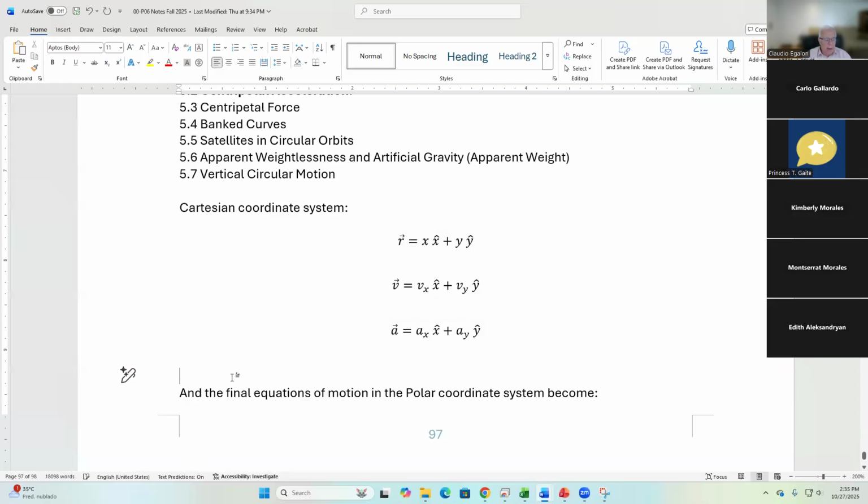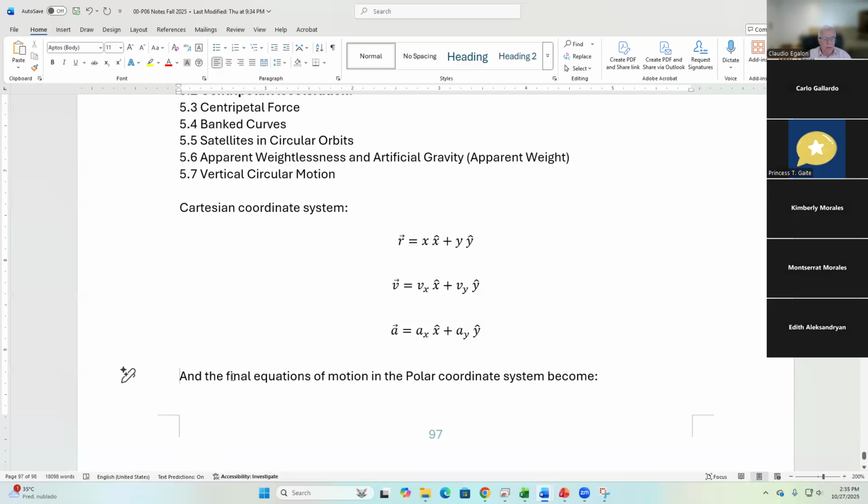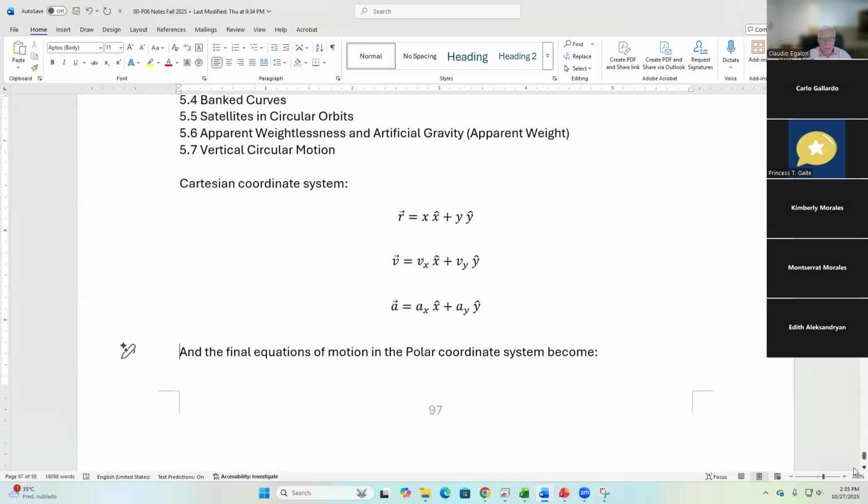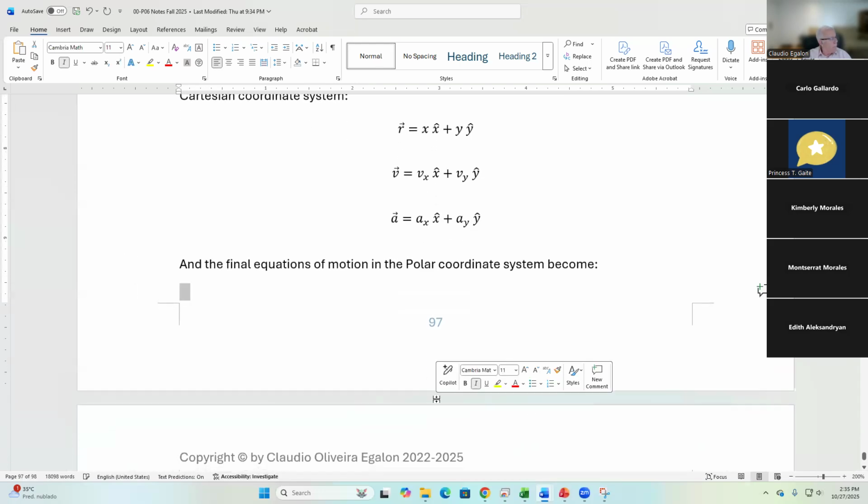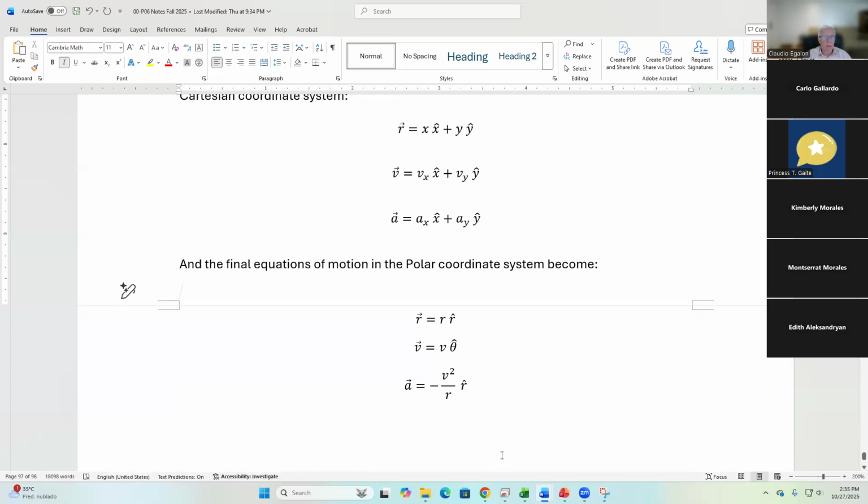And then compare that to the equations in the polar coordinate system. Compare that with the equations in the polar coordinate system.